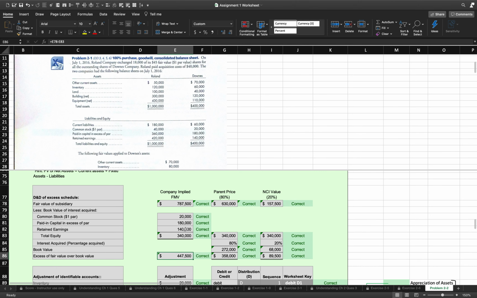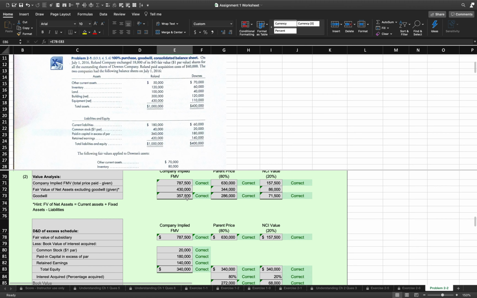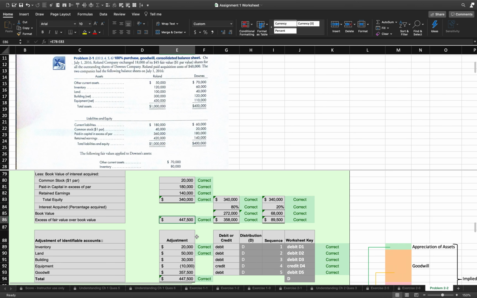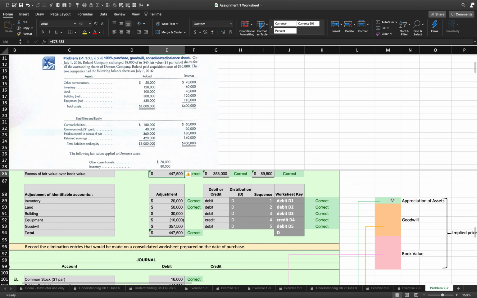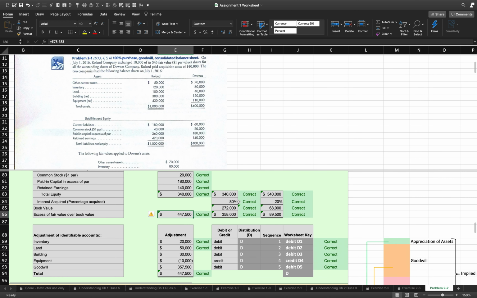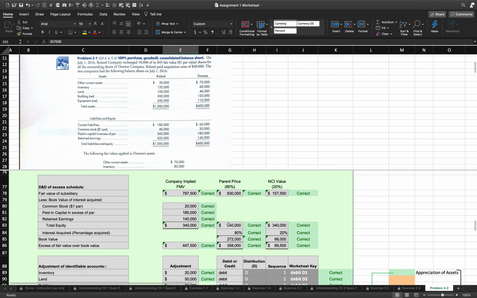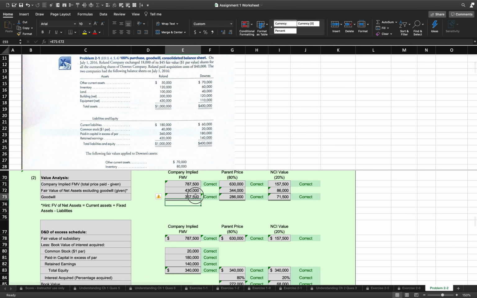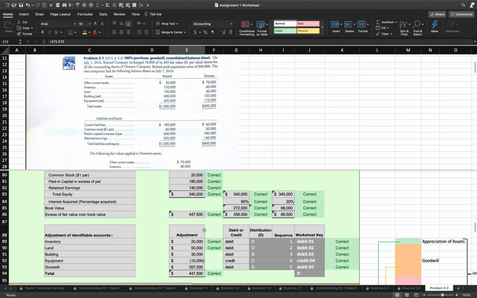Well, we already figured out in the previous analysis that the goodwill was 357,500. So in order to come up with this overall green and orange part, what we need to do is first plug in the goodwill that we've already computed, from this cell, 357,500. We simply need to put that down here, copy and paste.